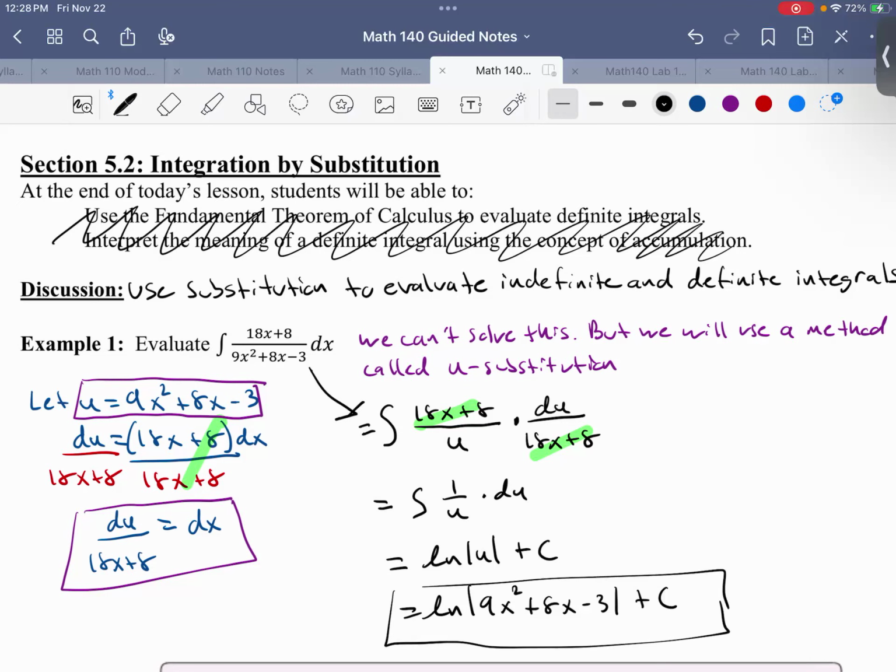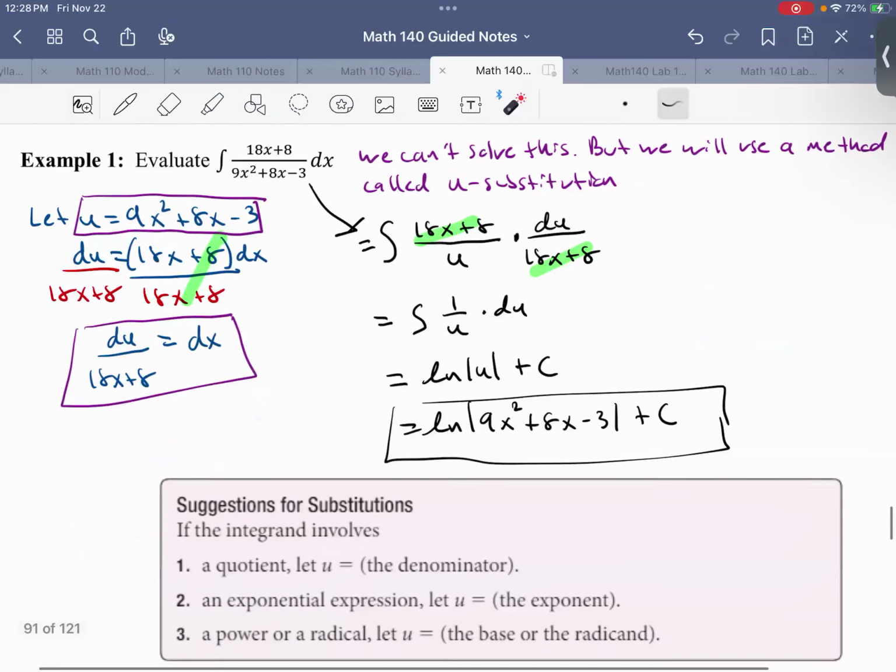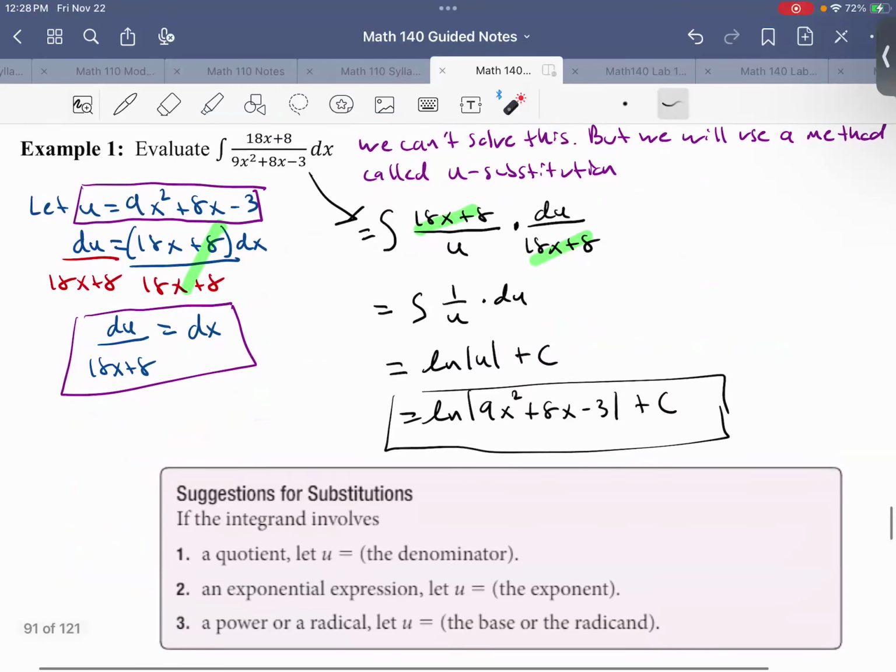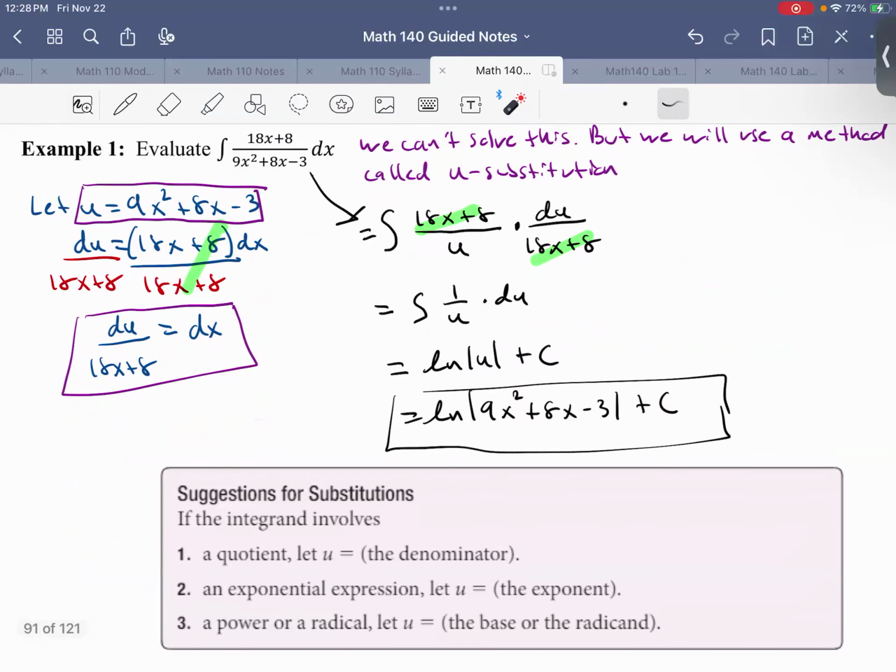So this is a new method called substitution. It helps us integrate integrals like these, where we don't really have any tools, but now we have a tool to figure that out. And here's really a suggestion for using substitutions. When you have a couple scenarios here, if it's a quotient, you'll let u equal the denominator, like we did in example 1.